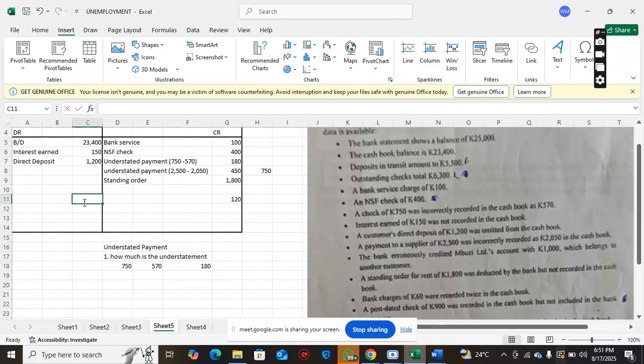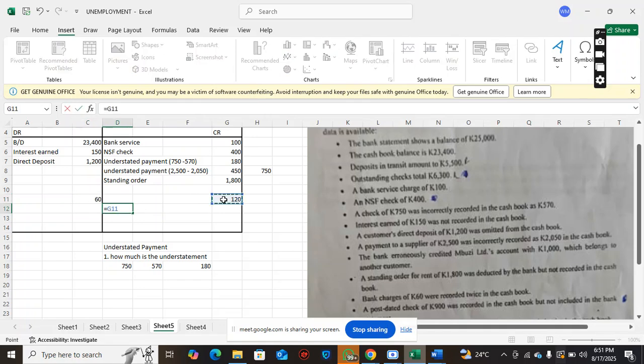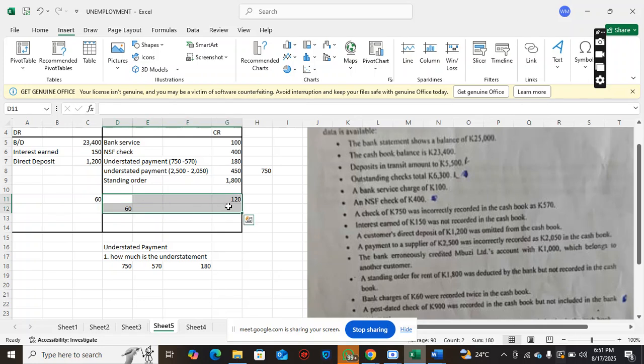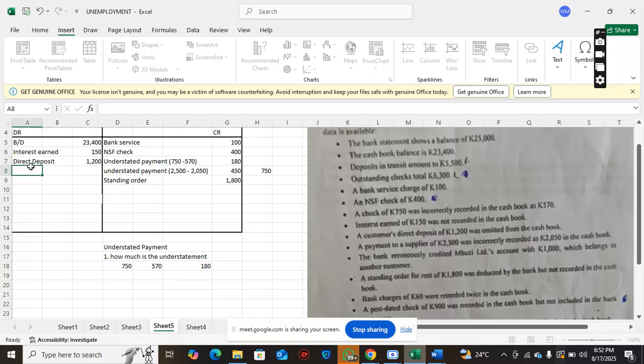If we debit 60 here, 120 minus 60 is 60. So we would have corrected the error. So we're debiting the overstated payment.